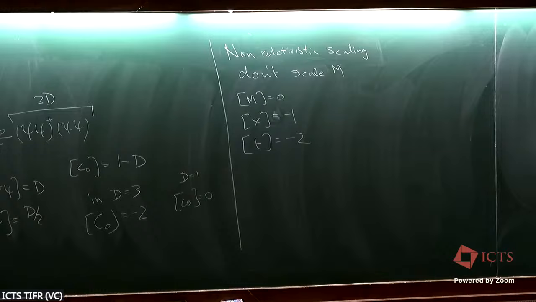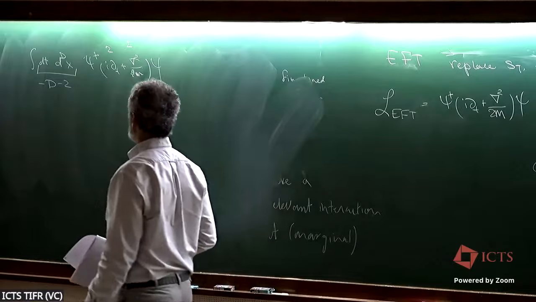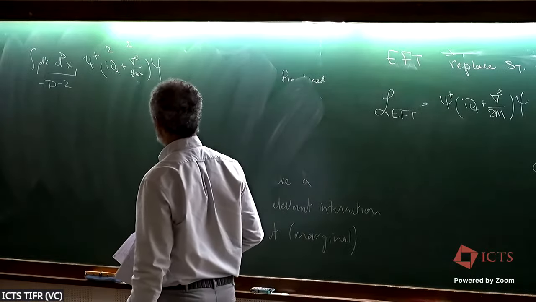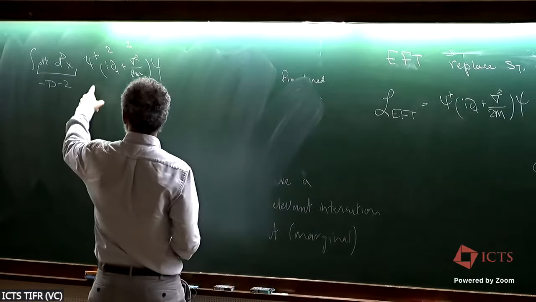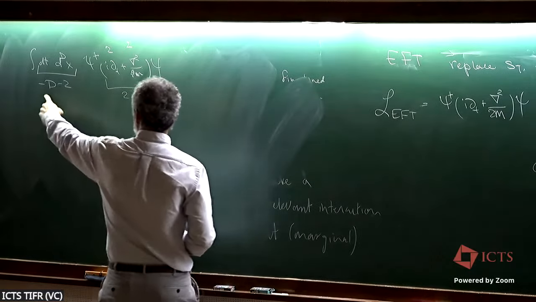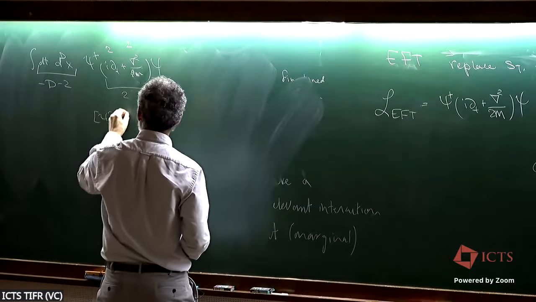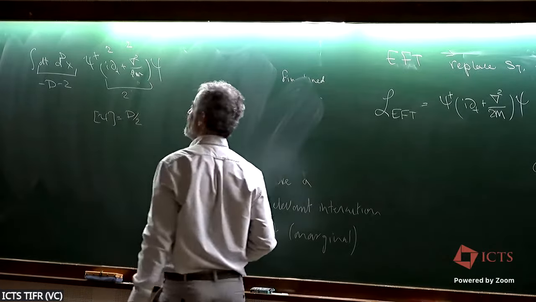And then this has dimension -D minus 2. And because this is dimension 2, and this is -D minus 2, we still have that psi has dimension D over 2, as before.